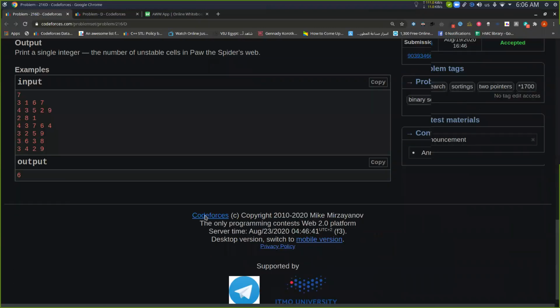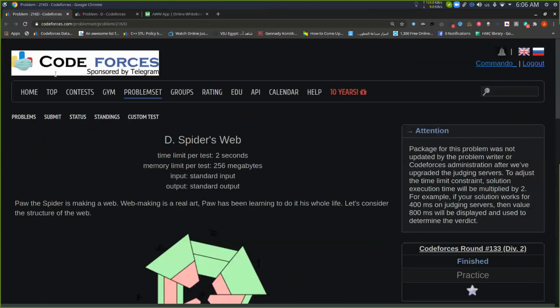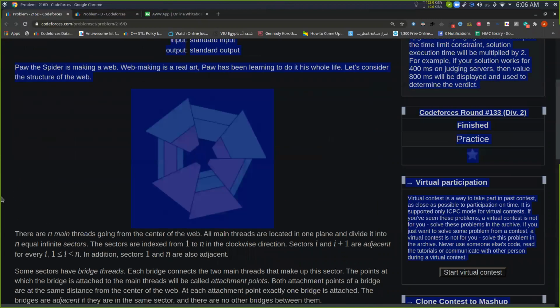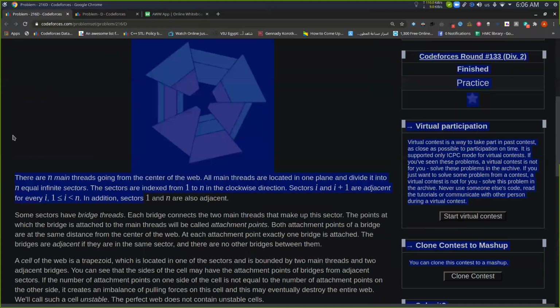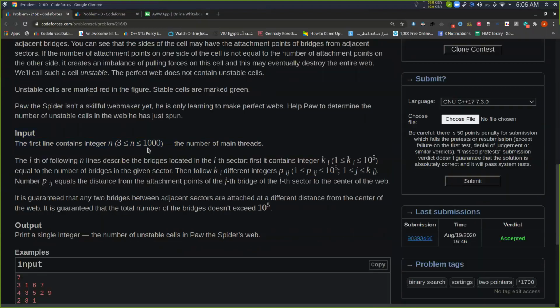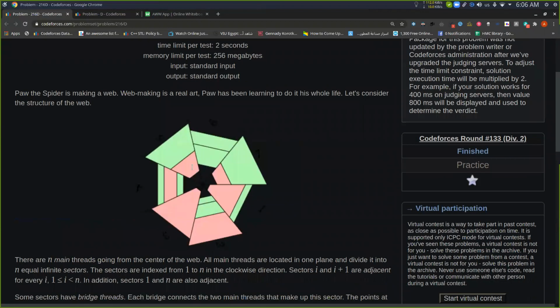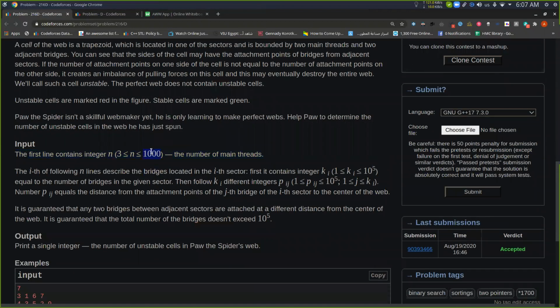Do you have any ideas for how to solve this problem? It's easier than it looks. When you look at the constraints, they seem small, it's 1000. So we have at most 10 power 3 sectors.